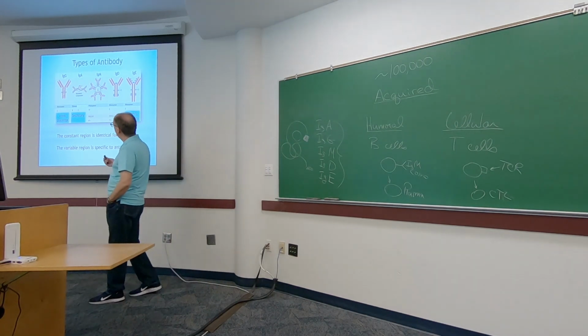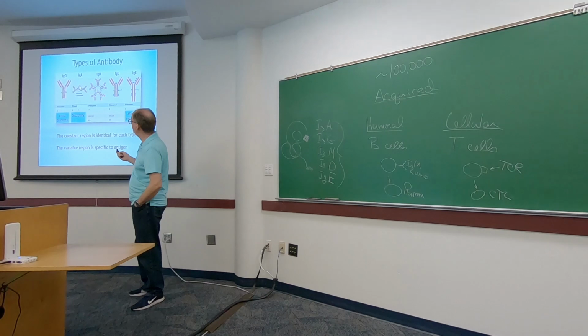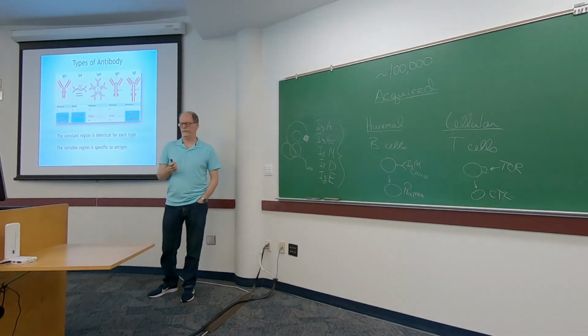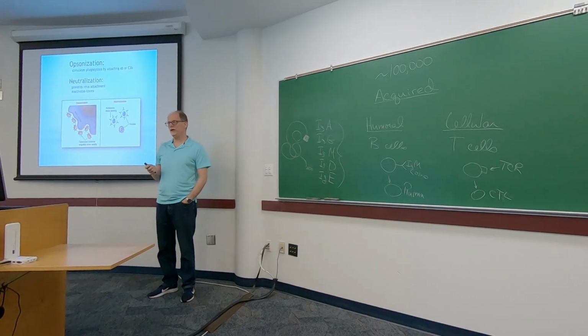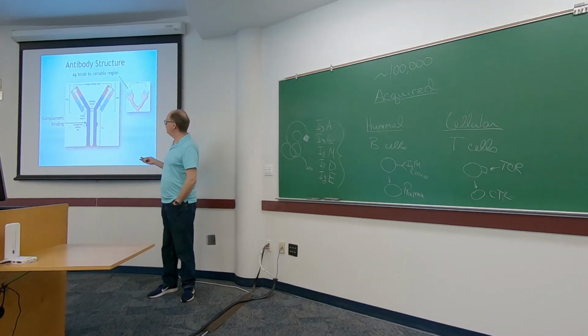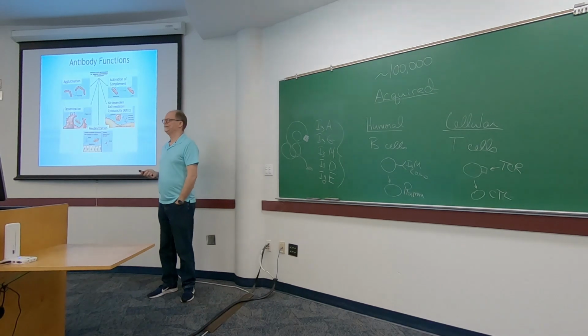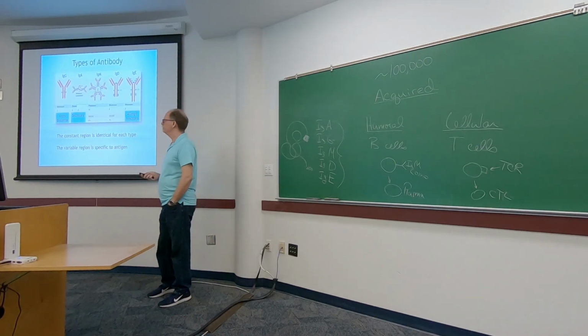So if you make IgA, you actually put 2 Ig molecules together. If you just say the word Ig, then you're referring to this, and you're not saying which one of the 5 it is. Okay?